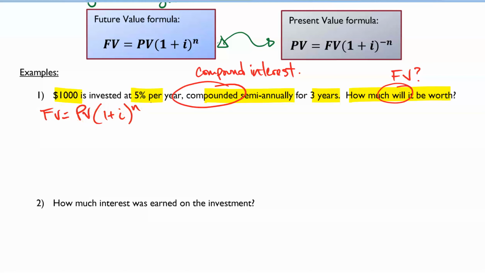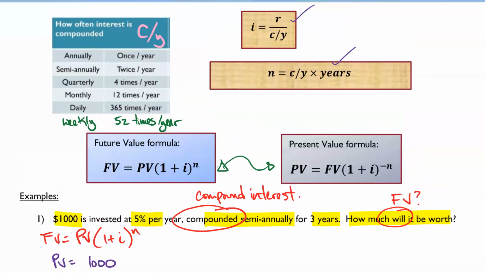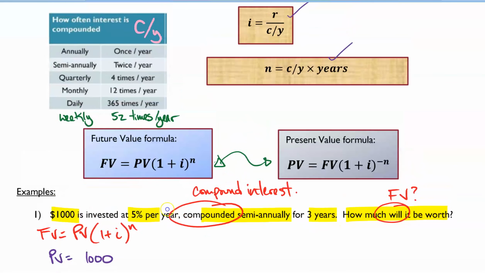Okay, all we're going to do is substitute in and solve. Let's just make sure we have everything we need. PV is equal to what you start with, which is $1,000. Okay, it's invested. That's PV. Now let's talk about I. Now, remember, we have a formula for I. I is equal to R divided by CY.